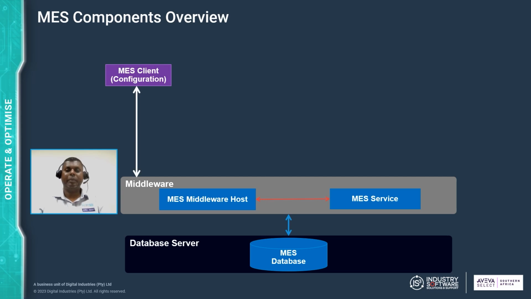The client applications of MES include MES Client, MES Supervisor, MES Data Editor, or MES Operator. The recommended number of MES middleware hosts for a medium-sized system are 1 for each application object server or AOS server, or 1 for each terminal server, 1 for each enterprise integration or enterprise integrator.